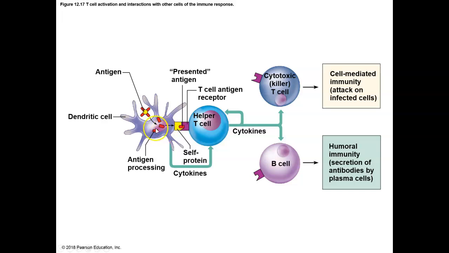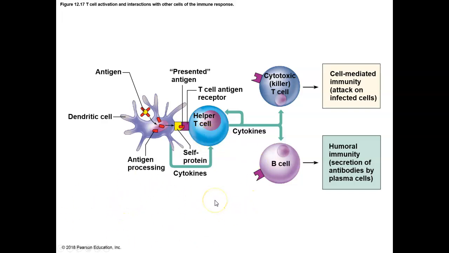Here the antigen has been broken apart, and we take a piece of that antigen and put it on a self protein, and then we present that self protein with the non-self, and that allows the helper cell to attach. It binds and recognizes that non-self with the self and gets activated. This stimulates both B cells and T cells to get activated, as well as stimulating non-specific defenses.